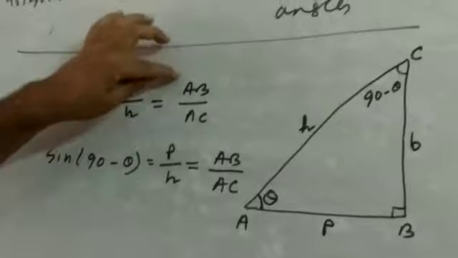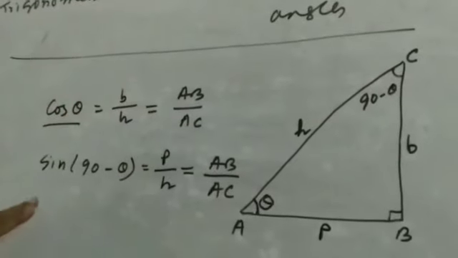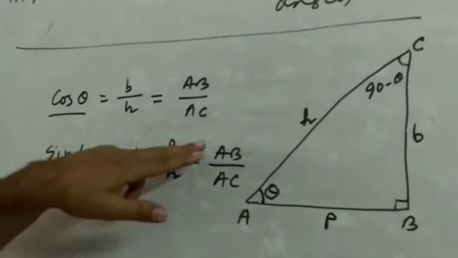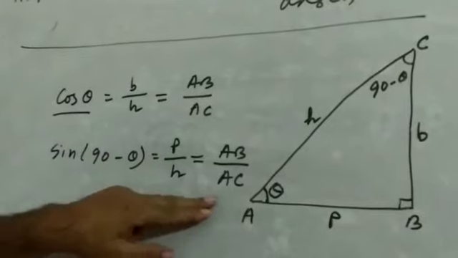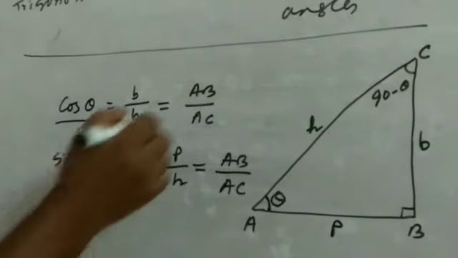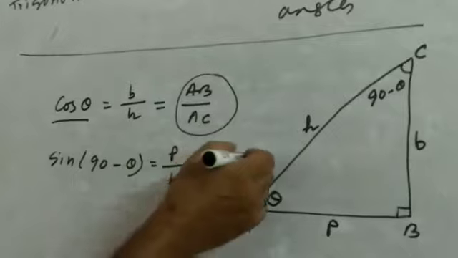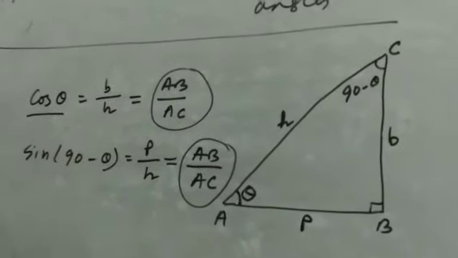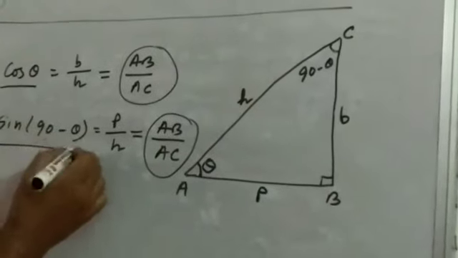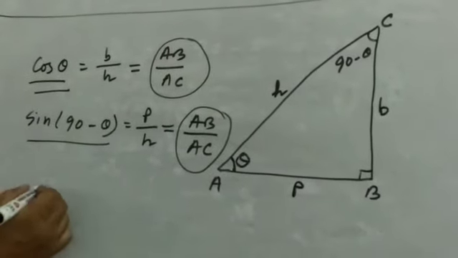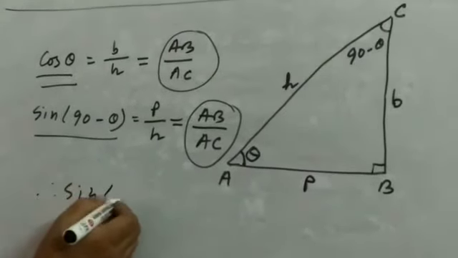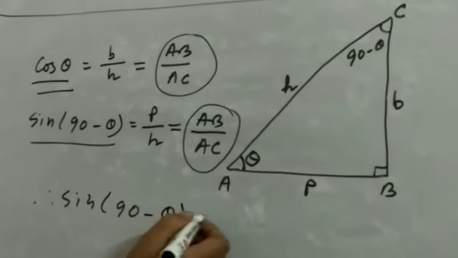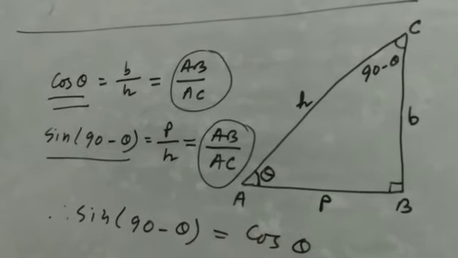Cos theta we got as AB by AC, and sin 90 minus theta is also AB by AC. So the right hand side is the same, therefore the left hand sides are equal. So we conclude that sin 90 minus theta is equal to cos theta.